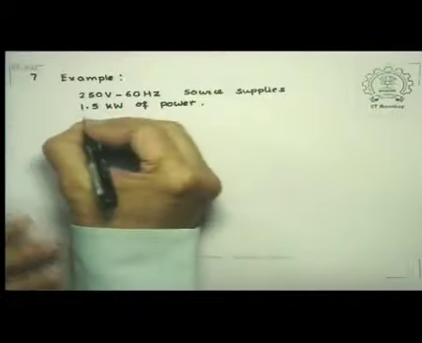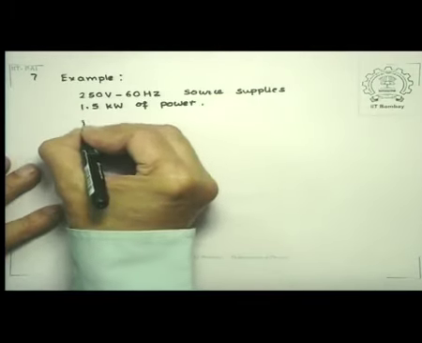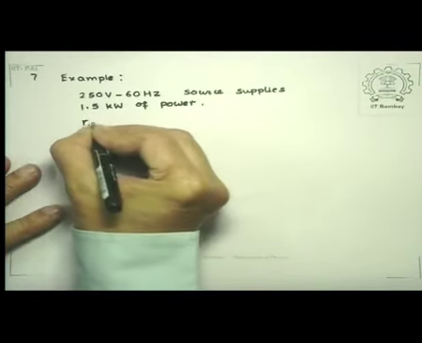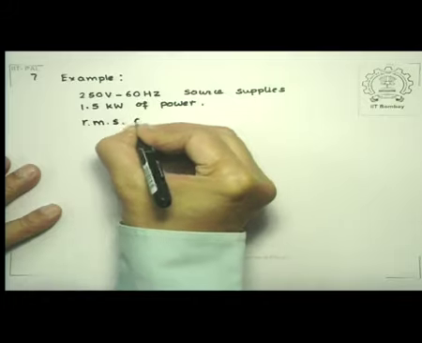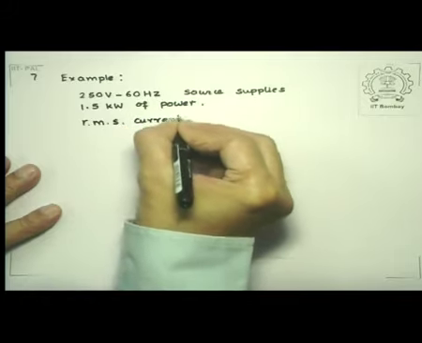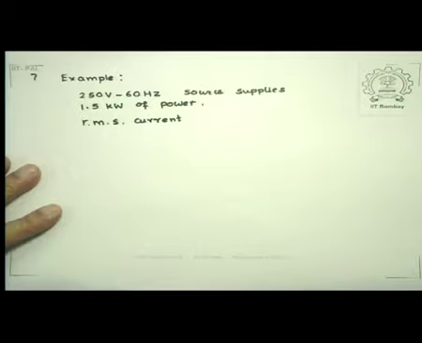Now, this is usually measured by something which is known as a wattmeter, but we will not get into this. But suppose that we find that the RMS current, remember that we had already pointed out that these voltages given are usually the RMS voltages.